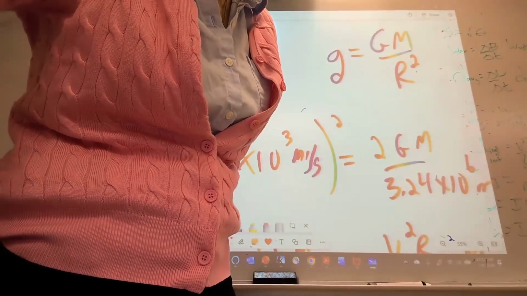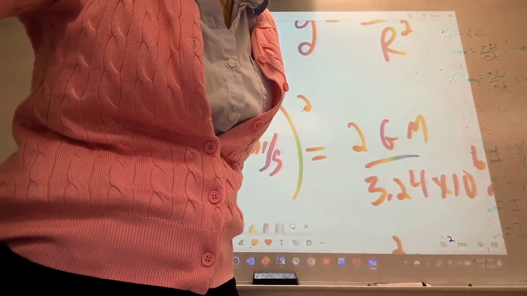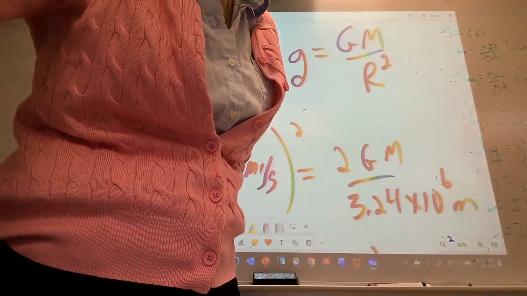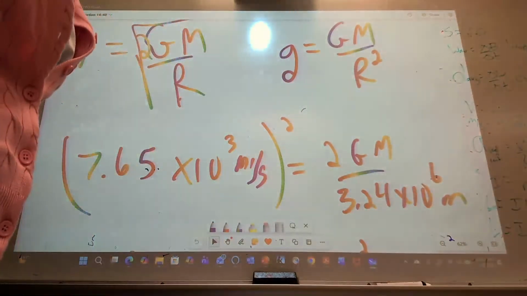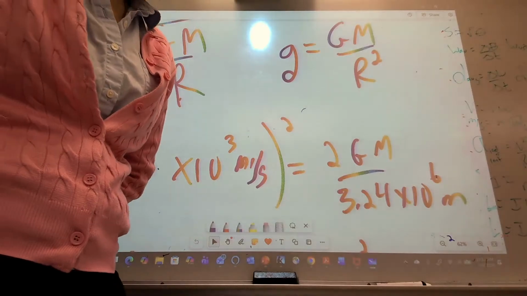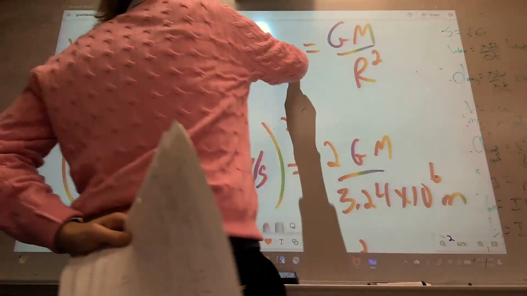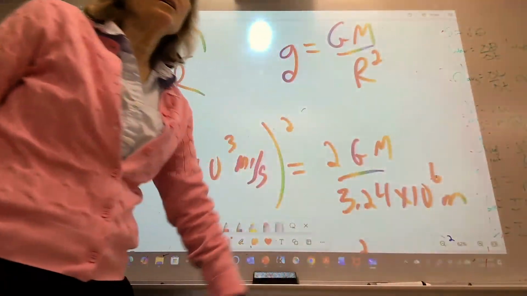So if we square both sides of the equation, we get v squared is equal to 2GM over r. You're isolating your m, solving for the mass of the planet. Once you have the mass of the planet, you can just plug in to get your g here.